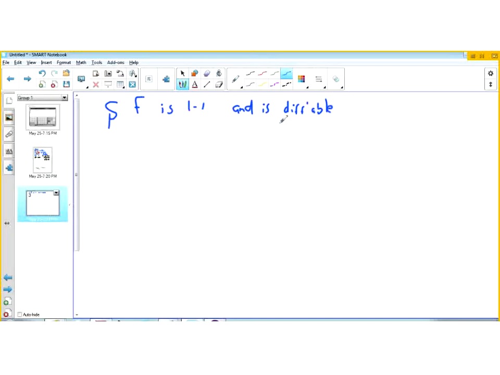Its inverse function, f inverse, is also differentiable. All right, so we're given this information.